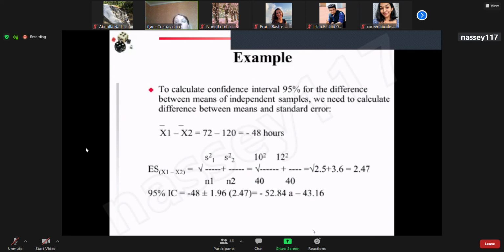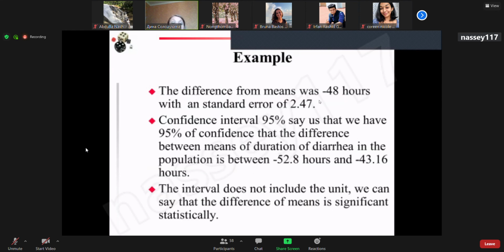So we calculate the difference first. The mean 1 minus mean 2 is minus 48. Then the standard error is 2.47. And then we calculate our confidence interval of the difference, given here. Well, so the difference is minus 48 hours with standard error 2.47.